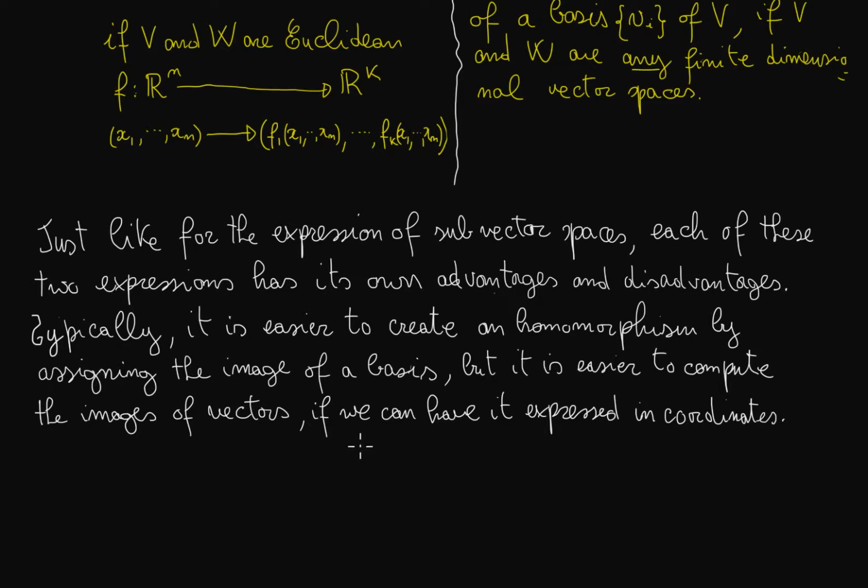Once we determine it, and we want to use it to compute, say, the image of 1,000 vectors or 1 million vectors of the domain, then it is much more efficient to change the expression of the homomorphism from the images of a basis to the expression in coordinates.